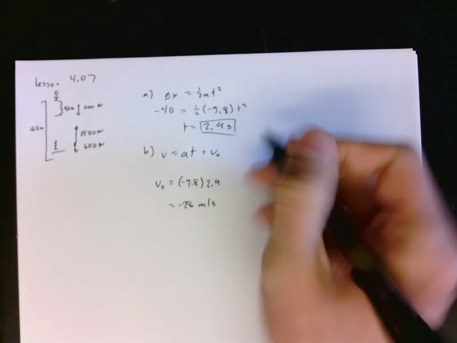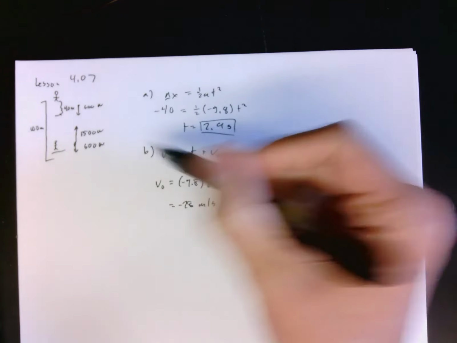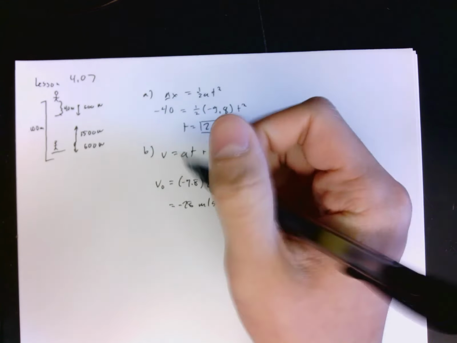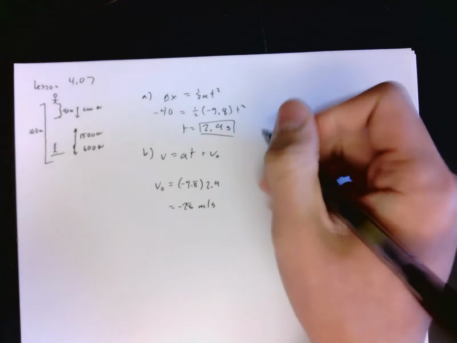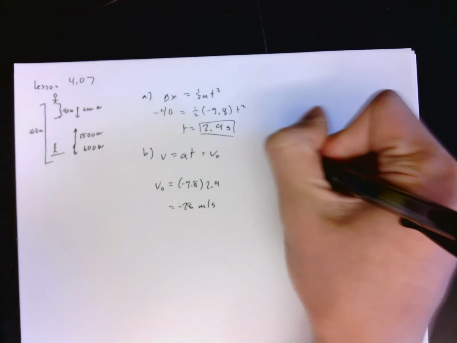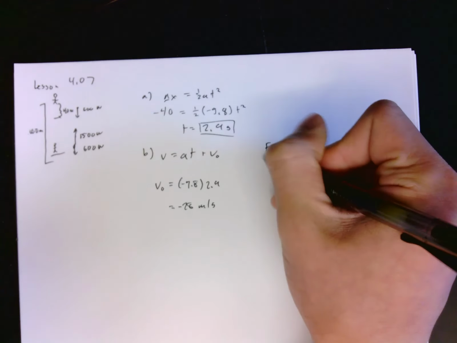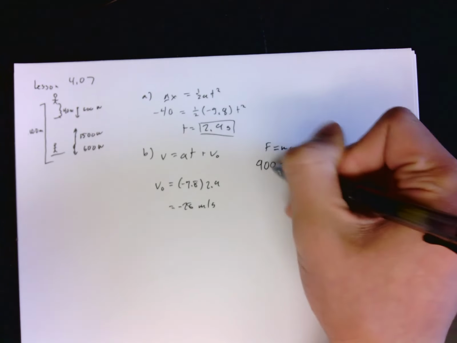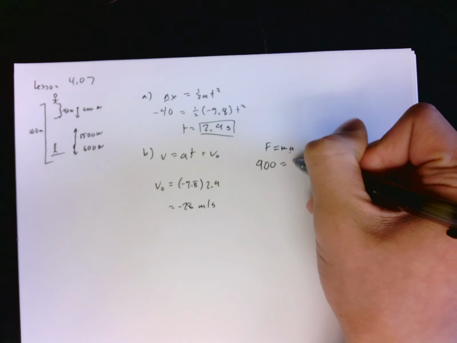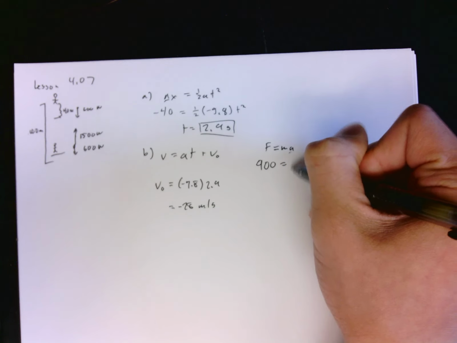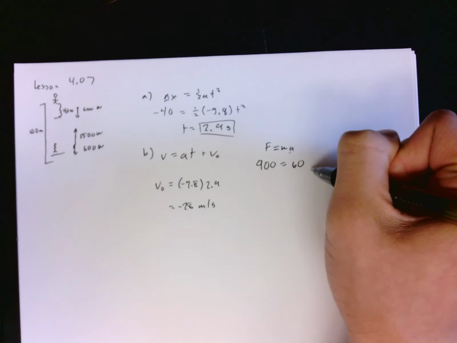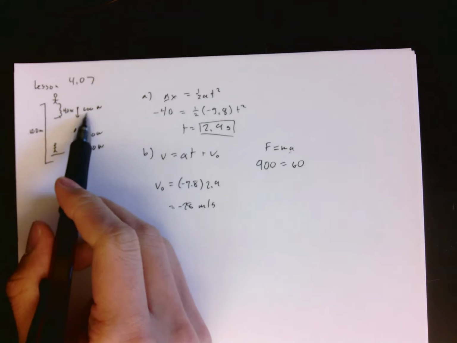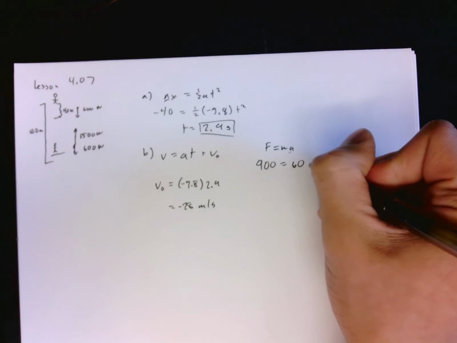And the acceleration here is going to be different from before because at this point the bungee cord is going to be applying 1,500 newtons of force. So we can use F equals ma for this. And our net force is 900 newtons. His mass is about 60 kilograms because the diagram tells us that the force of gravity is 600 newtons.